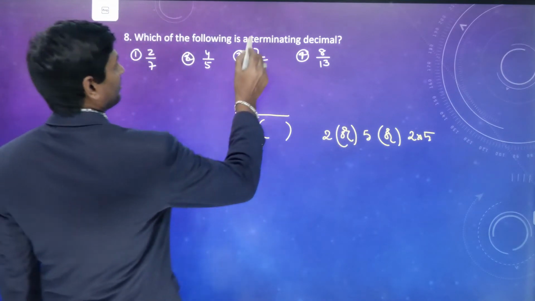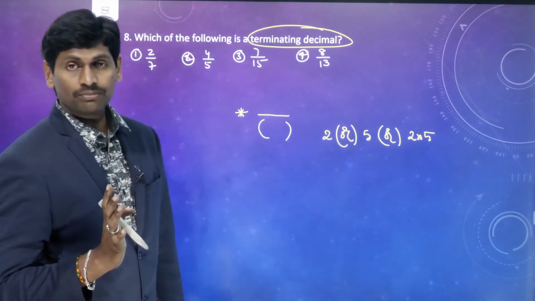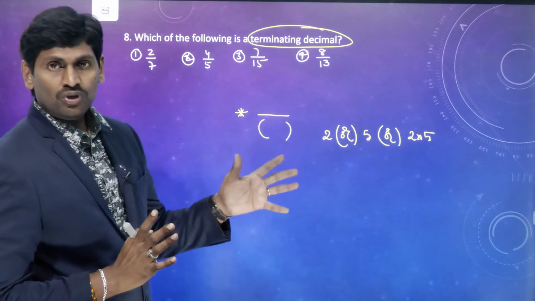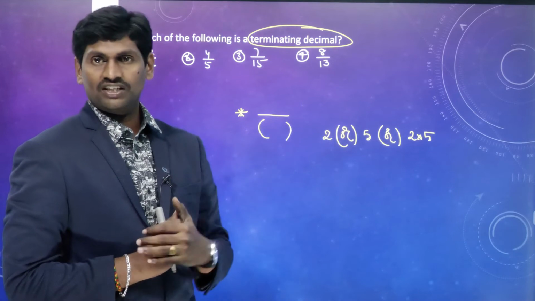They are asking the same question, terminating decimal. Terminating decimal means the denominator should be only in powers of 2 or only in powers of 5 or a combination of 2 and 5 powers.